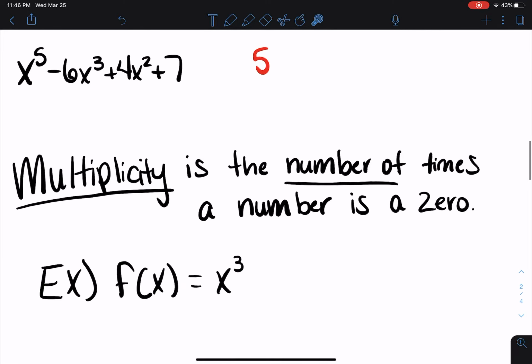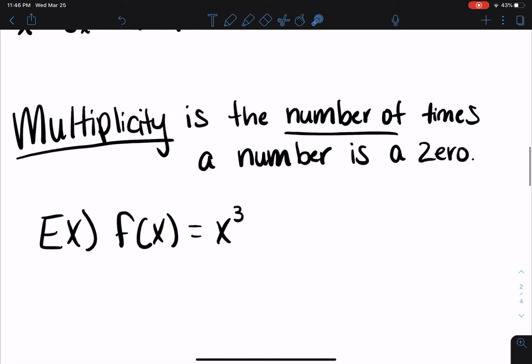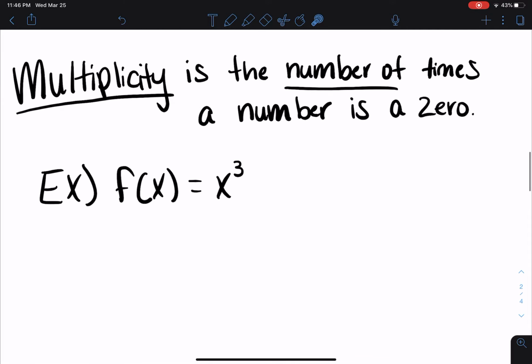All right, the last thing we want to talk about is multiplicity. This is the number of times a number is a 0. A number can be a 0, but multiplicity asks how many times it is a 0.